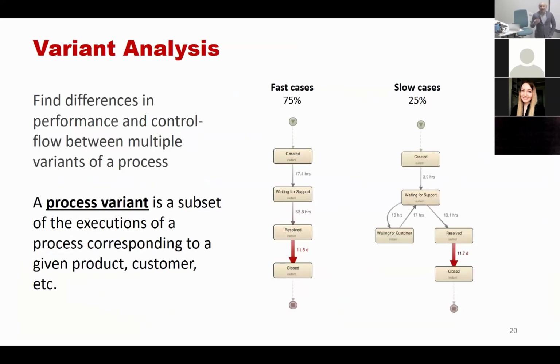This task allows you to take two process variants, not to be confused with case variants. These are process variants, subsets of cases that fulfill different conditions, and to compare them.